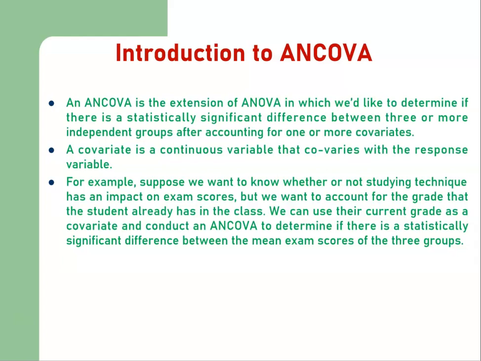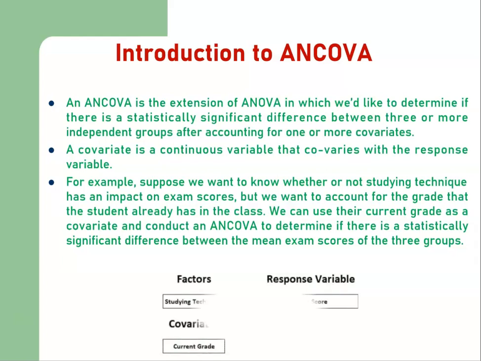We can use their current grade as a covariate and conduct an ANCOVA to determine if there is a statistically significant difference between the average exam scores of the three different groups.